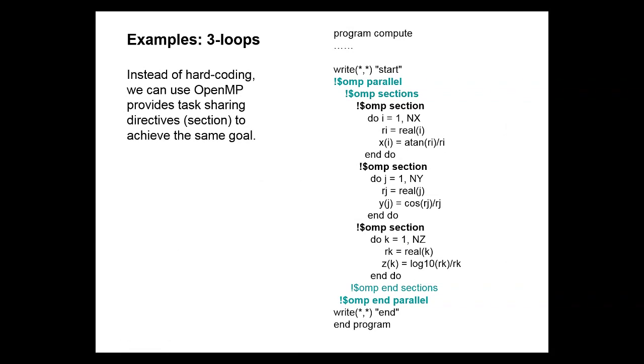If you have more threads and only have three sections, the other threads basically sit idle and don't need to do anything. So this is just another way to parallelize a code. It's another approach. Whether it's practical in your case or not is another matter.